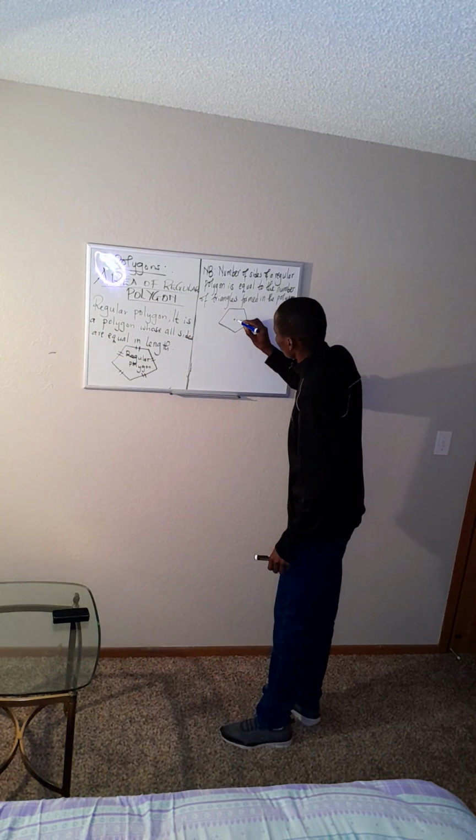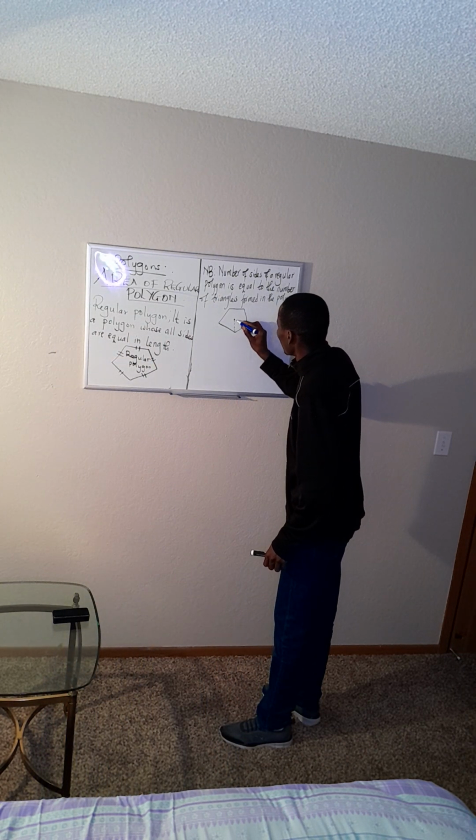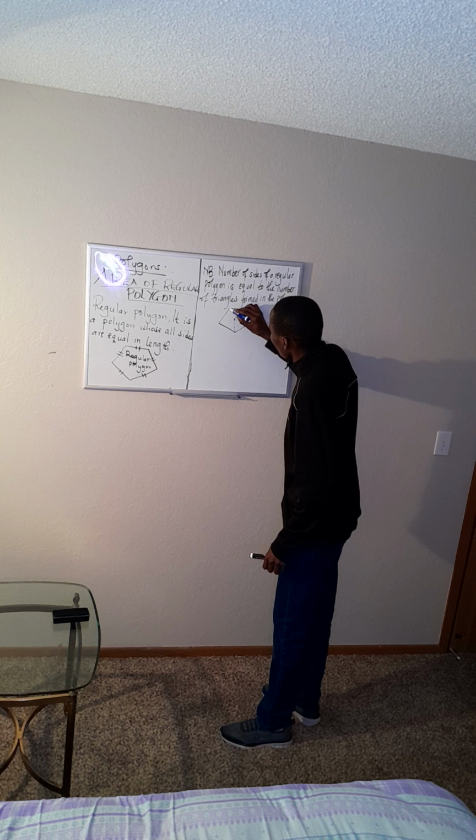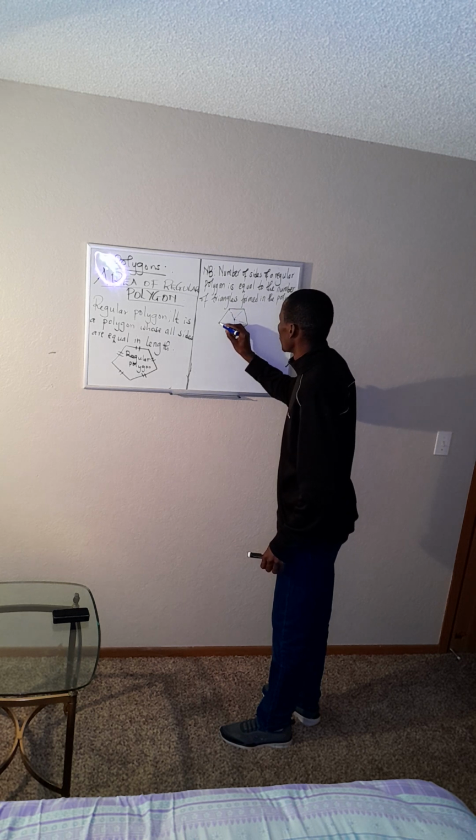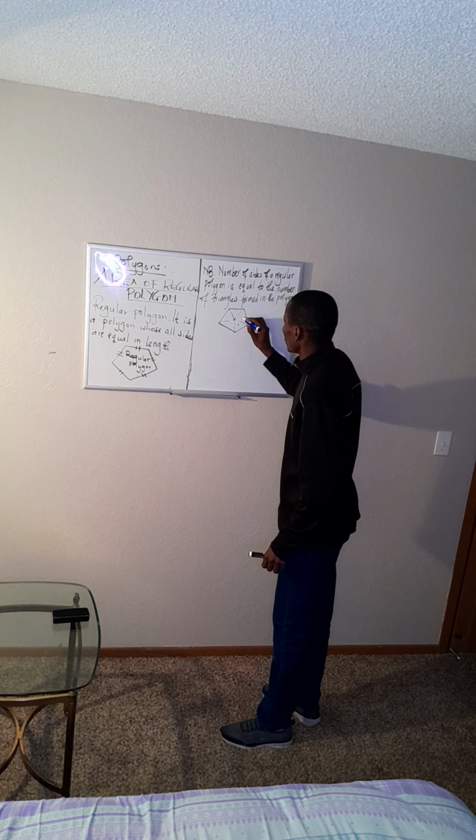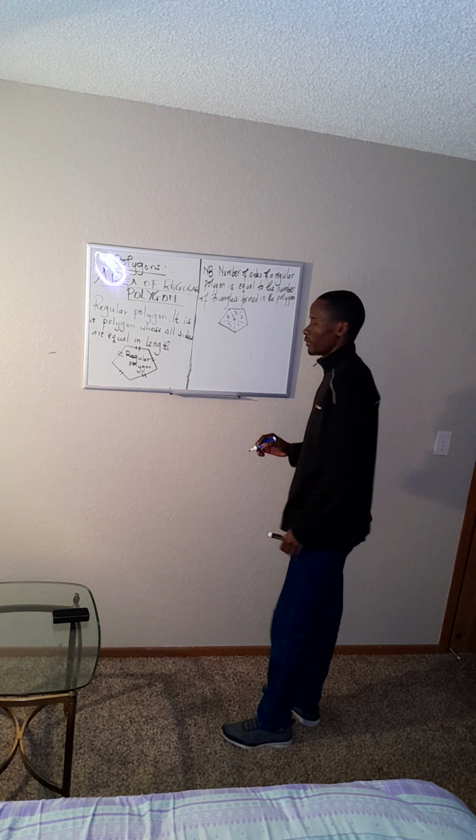So this is how I'll be able to form the number of triangles. This is the first one. This is the second one. This is the third one. This is the fourth one. So 1, 2, 3, 4, and finally 5.